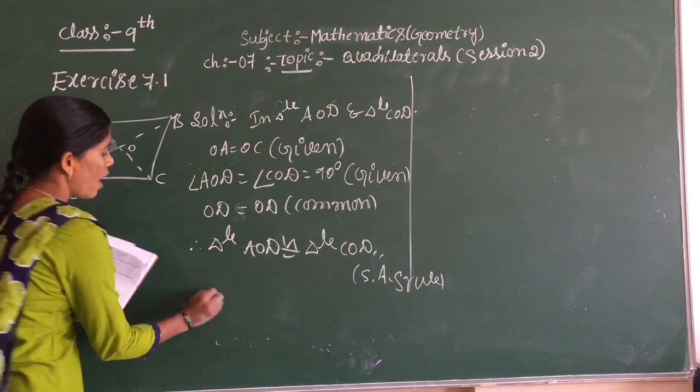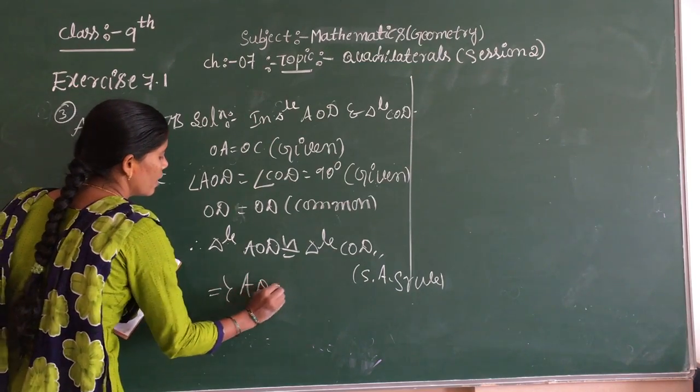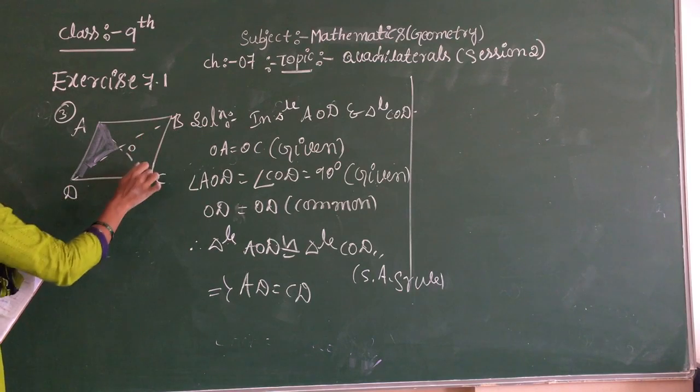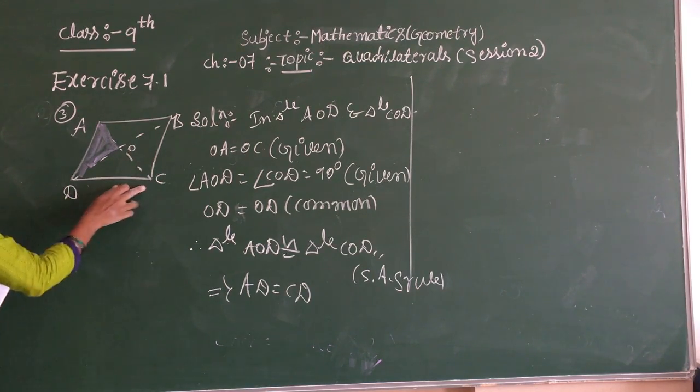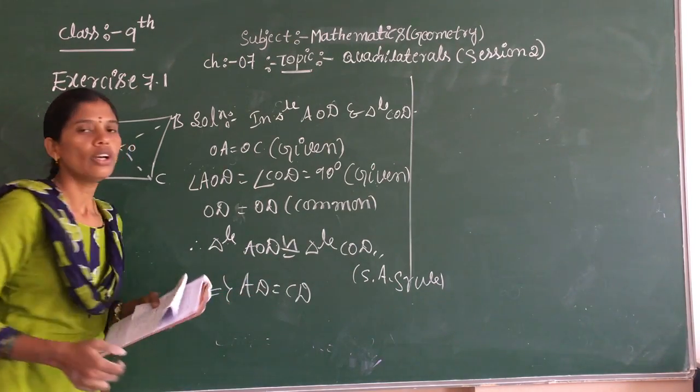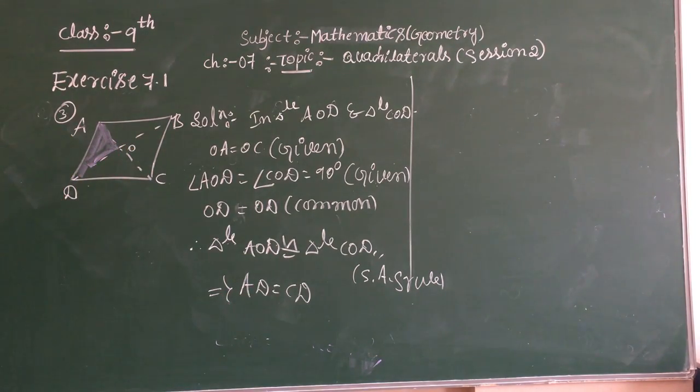Now next, AD is equal to CD. Sorry, the correct one is AD is equal to CD. Now next we shall move on. It is one of the right angle triangles.